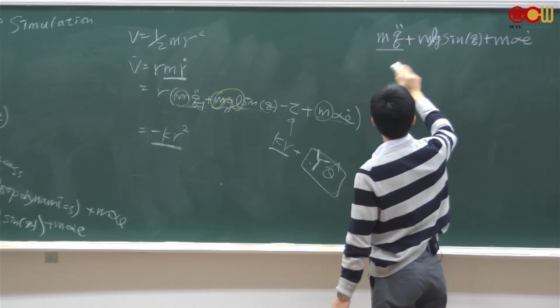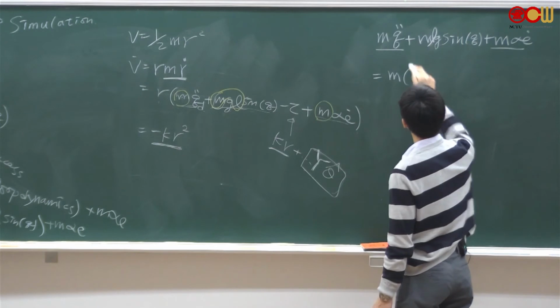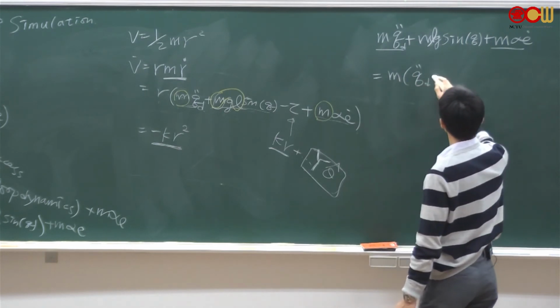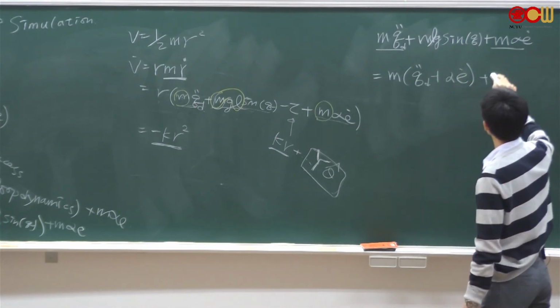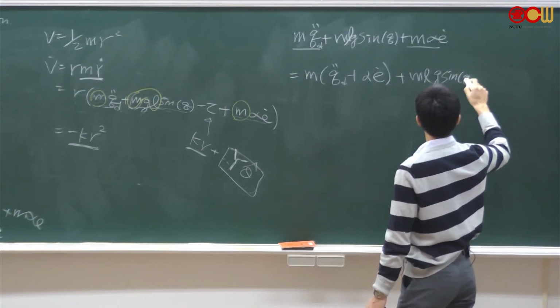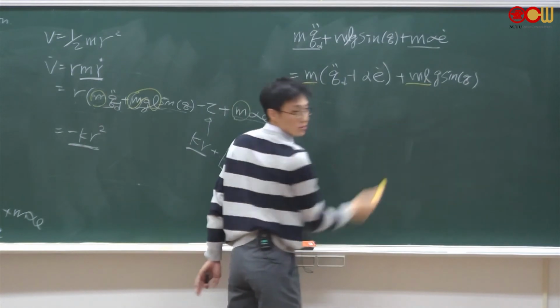I combine these two, okay? So it's equal to m times qd double dot plus alpha e dot, plus m l g sine q. Okay, so these are unknown terms.